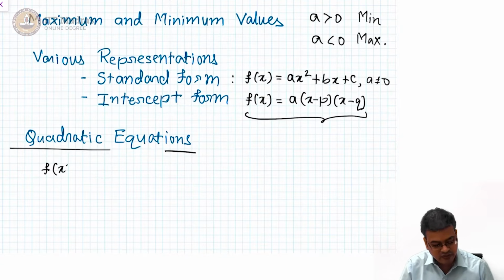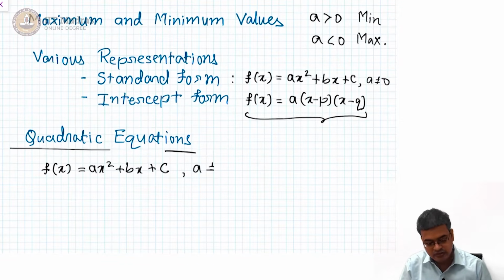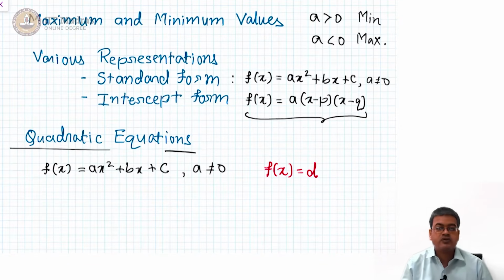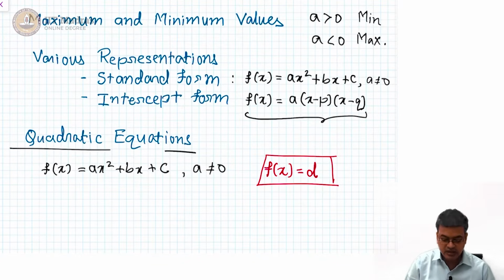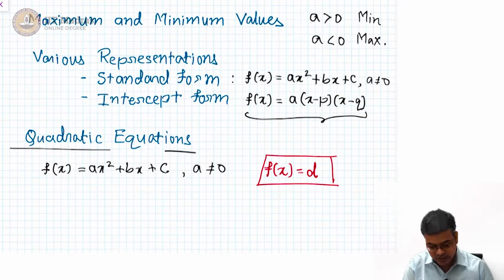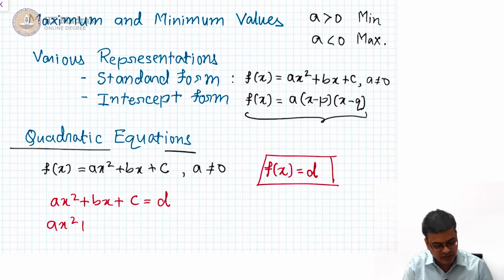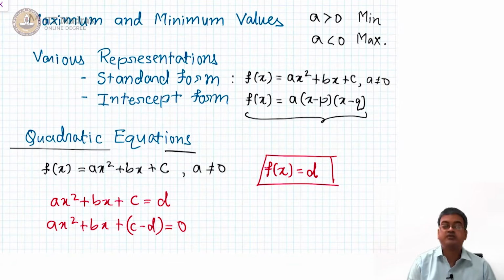If you have been given a function f(x) is equal to ax square plus bx plus c, where a is not equal to 0, and you are interested in finding the value of x for which the function attains a value d, then you are essentially calling for a quadratic equation and you want to solve it. So if f(x) is equal to d, I am asking for a solution of a quadratic equation of the form ax square plus bx plus c minus d is equal to 0.